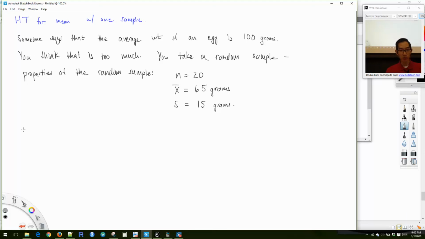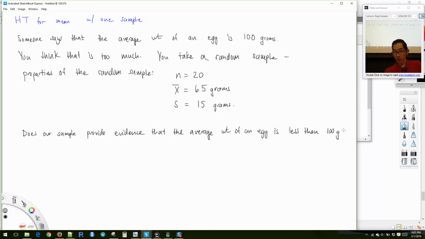Okay, so does our sample provide evidence that the average weight of an egg is less than 100 grams?